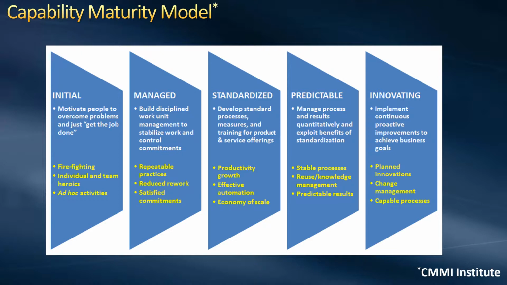The key difference between these levels is how an organization gains, manages, and uses knowledge. Please note that within an organization, different business processes in different business units may be at different maturity levels.